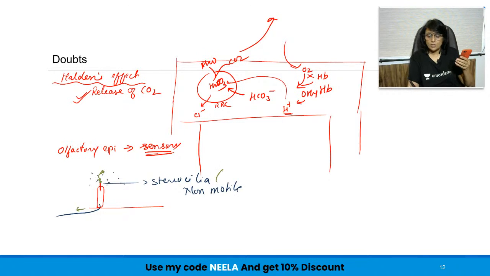So the stereocilia are sensory. The other type is kinocilia. If something is to be moved, then kinocilia are there, like in our trachea. Okay, Anju, is it clear? They are sensory, so their role is perception of those chemicals.